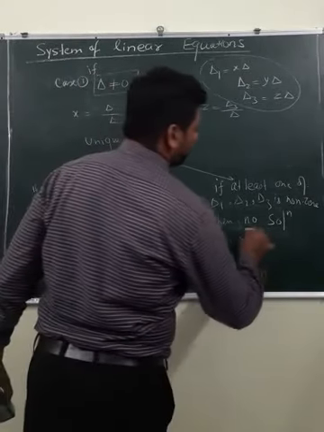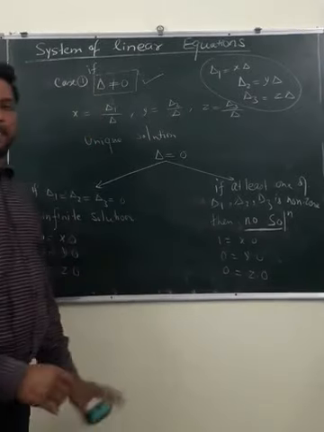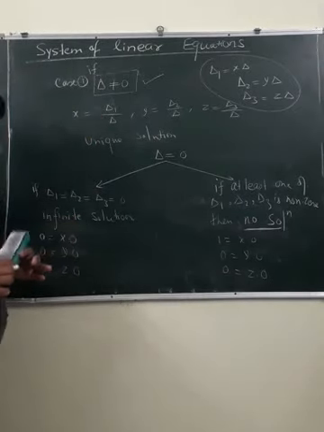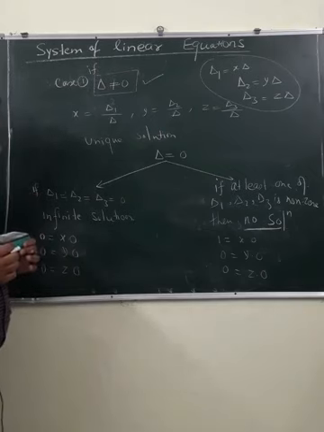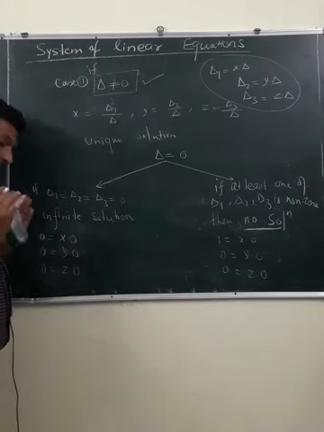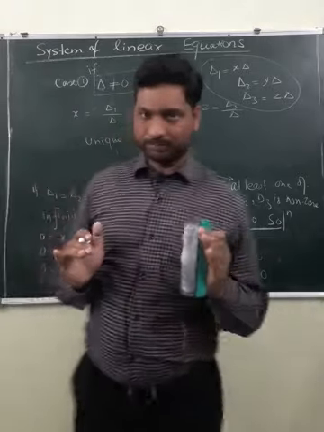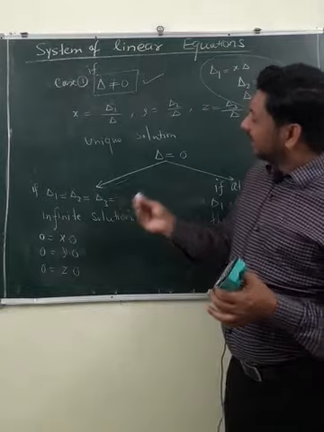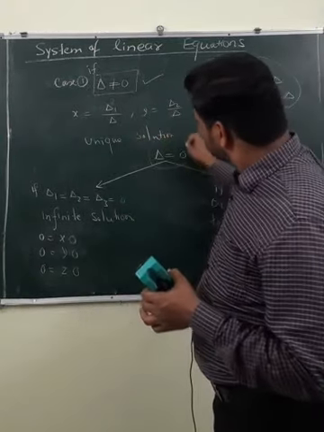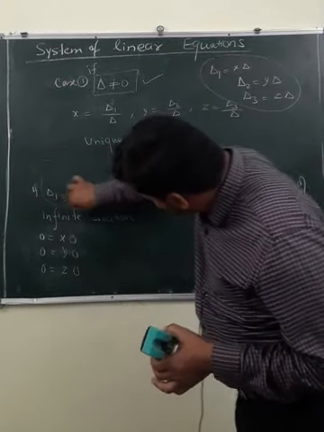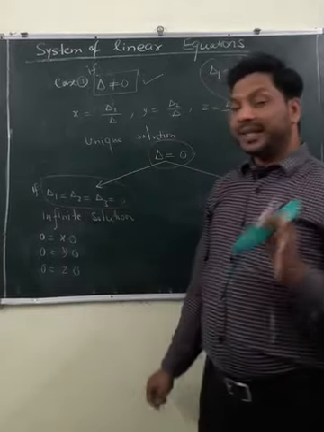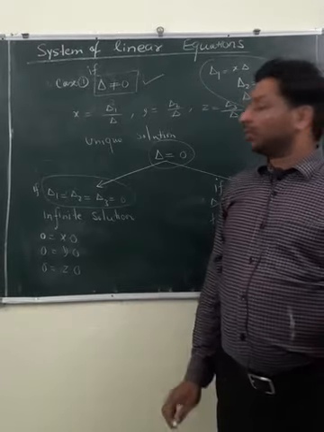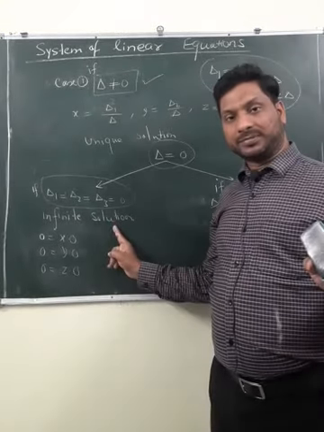Hence, no solution. I am going to say one very important point. Just pay attention. This condition, delta is 0 and all these are 0, is necessary but not sufficient for infinite solution.